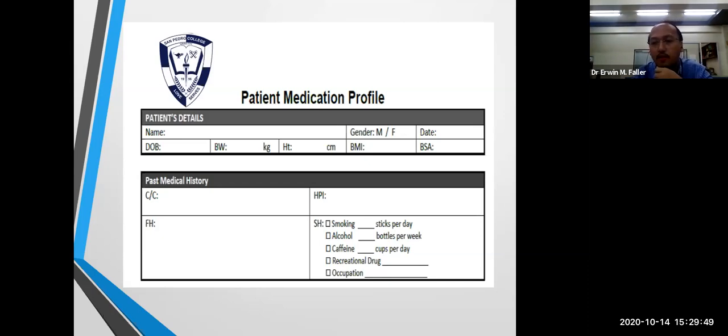You'll be able to identify what the present complaint of the patient really is. Why did the patient go to you and need your advice or counseling? So that's the chief complaint, the one that tells you the main purpose of a certain counseling or intervention.